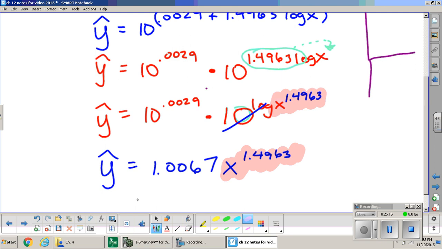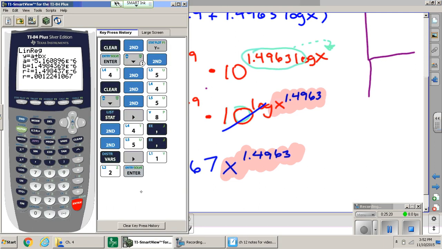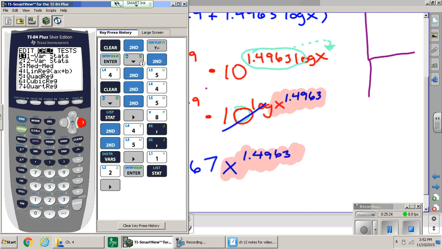And like I showed you last time, let's check. Is that the perfect equation? Stat, calc, scroll down until you find the right one. Scrolling, scrolling. Nope, not there yet. There it is. Power regression.